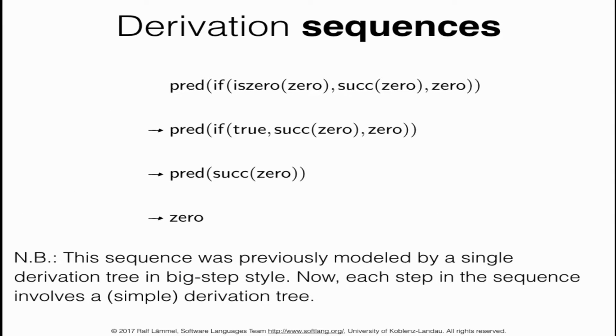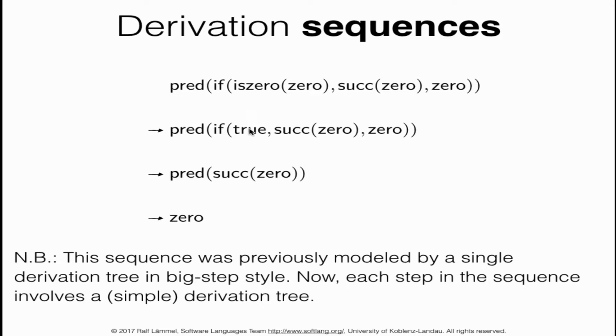So in order to perform a complete evaluation or execution, in small step style, we need a derivation sequence. So we need to apply the relation maybe many times. So here we show how a complex term, pred, if, etc., is step by step simplified to 0. So of course, each of these steps involves let's say, small or simple derivation tree.